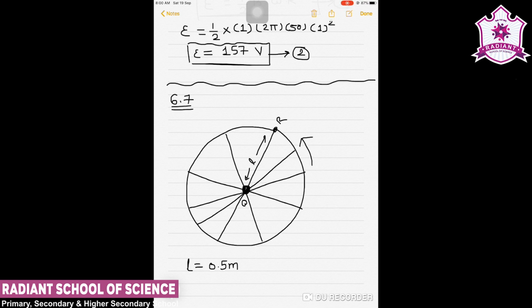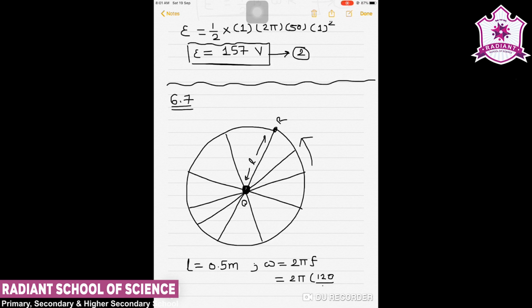So here we are given that the angular speed is 120 revolutions per minute. We can say that omega is 2 pi f. Here it is in minutes, so it is actually 2 pi into 120 revolutions per minute.